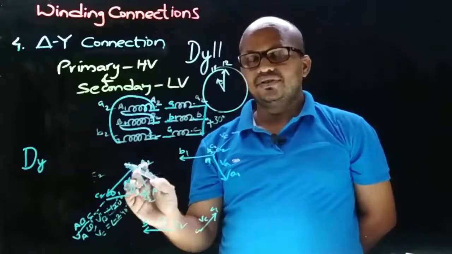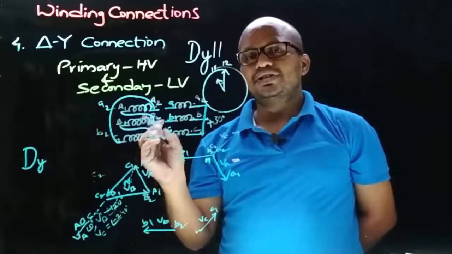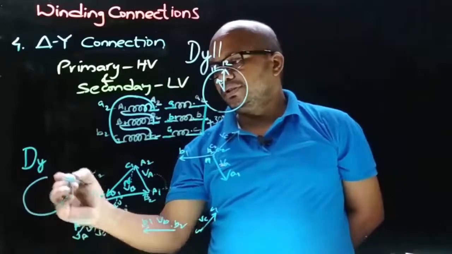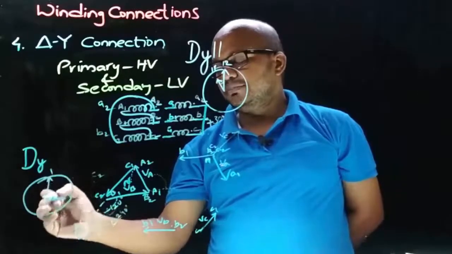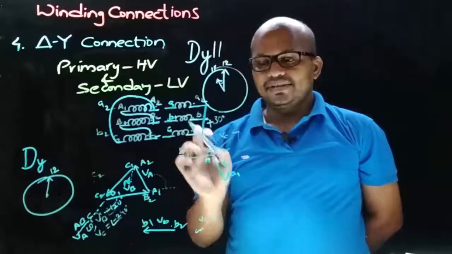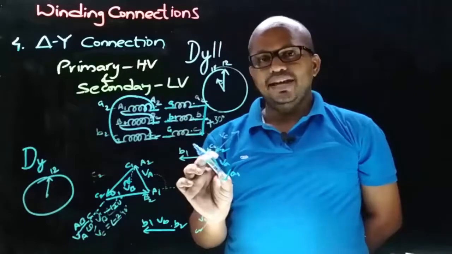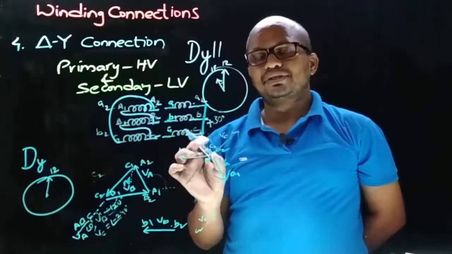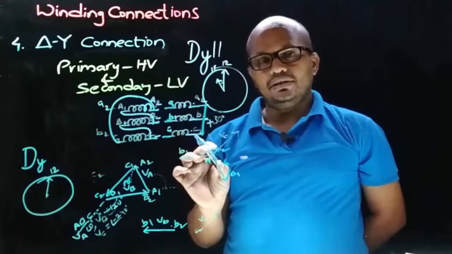As this is taken as a reference, the minutes needle in a clock is always shown pointed towards 12. If you take this clock, this is the minutes needle which is shown always pointed towards 12. And coming to the secondary side phasor diagram, A1N is the phase to neutral voltage, and the LV side phase to neutral voltage is represented with the hours needle in a clock.